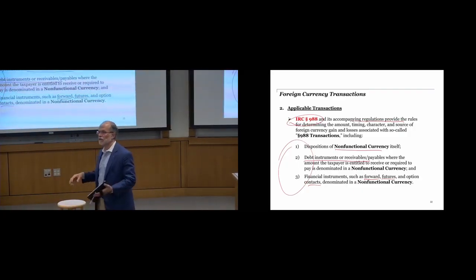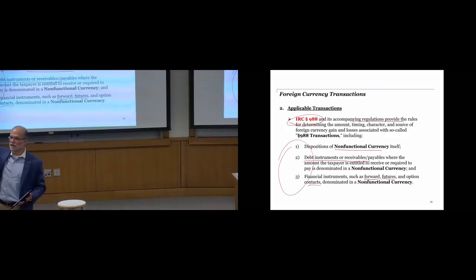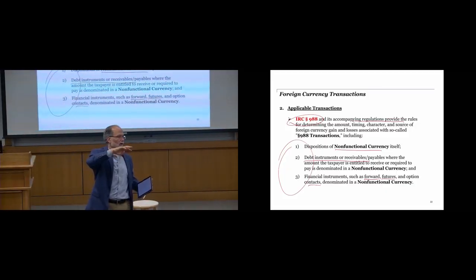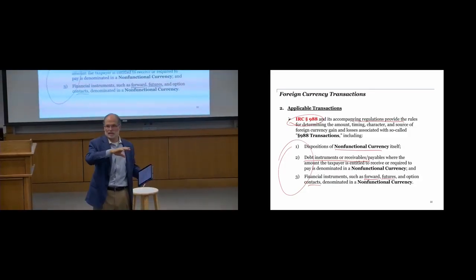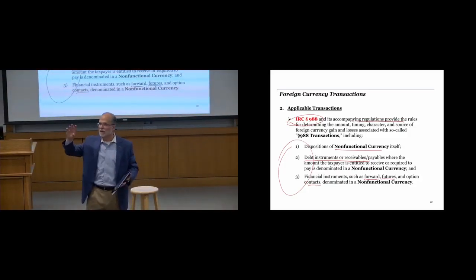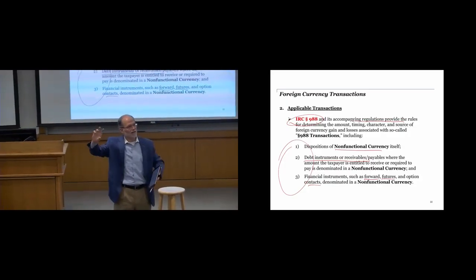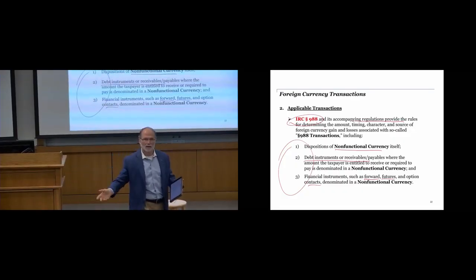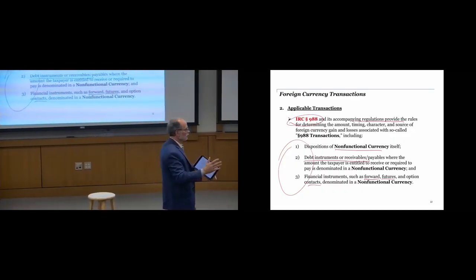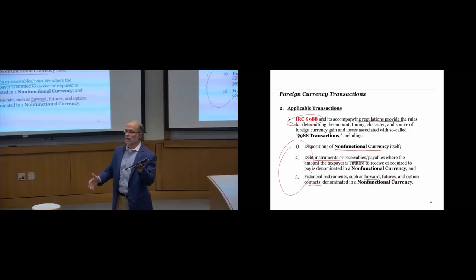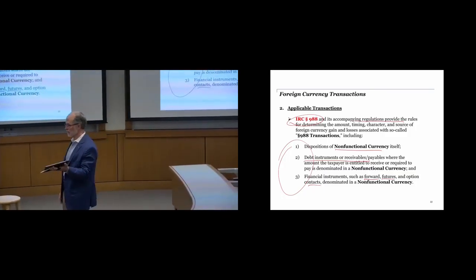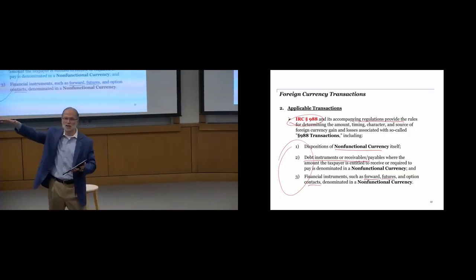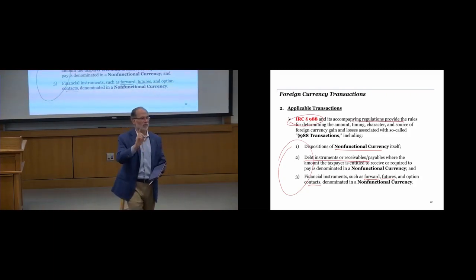So if they go out and do an instrument to counteract or hedge against a risk that's latent in a business transaction, and if that's in a non-functional currency, then I have to deal with that. And there's lots of rules on when I can integrate the underlying transaction that gives rise to the risk and the hedging instrument and collapse the two and treat it as a single transaction.